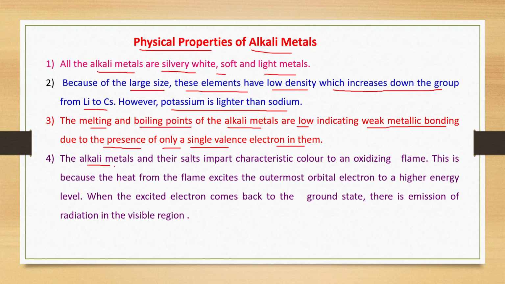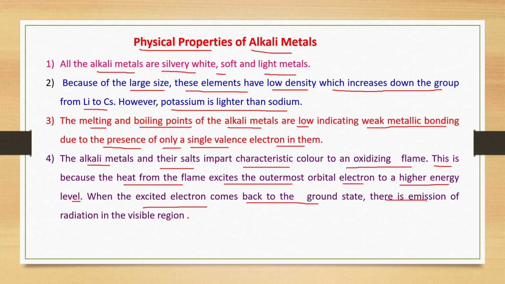The alkali metals and their salts impart characteristic color to an oxidizing flame. This is because heat from the flame excites the outermost orbital electron to a higher energy level. When the excited electron comes back to the ground state, there is emission of radiation in the visible region.